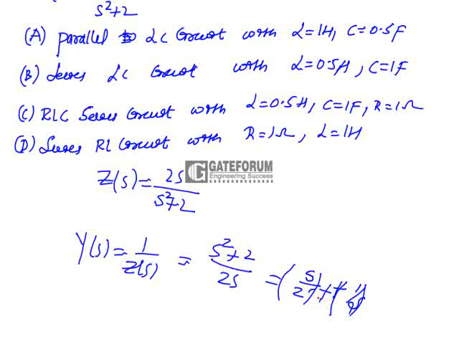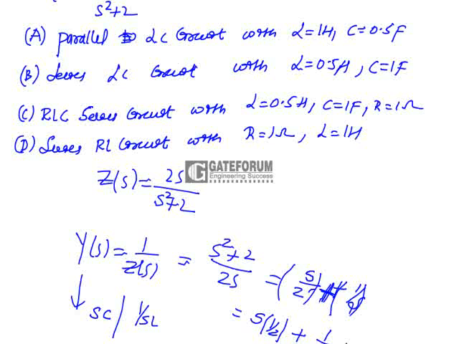In admittance, when two elements are represented with plus, it means that they are connected in parallel. When converted into admittance, SC is the capacitor Laplace transform and 1 by SL is the inductor Laplace transform. So here we have SC value, that is S by 2, so C is 0.5 farad, plus 1 by SL value, this is 1 Henry.